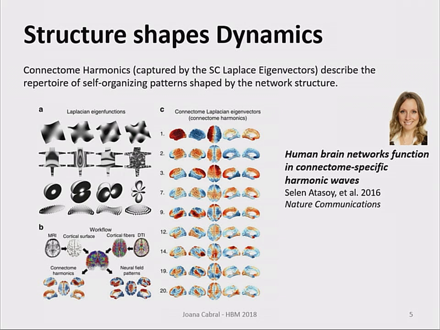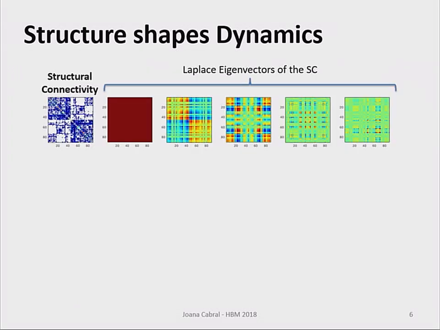And it seems to reveal spatiotemporal patterns in the brain that are very similar to the functional networks that are found in real data. So we try to apply this to the structural connectivity. Selena did it before at the high resolution level, at the voxel level, so with the high resolution connectome.